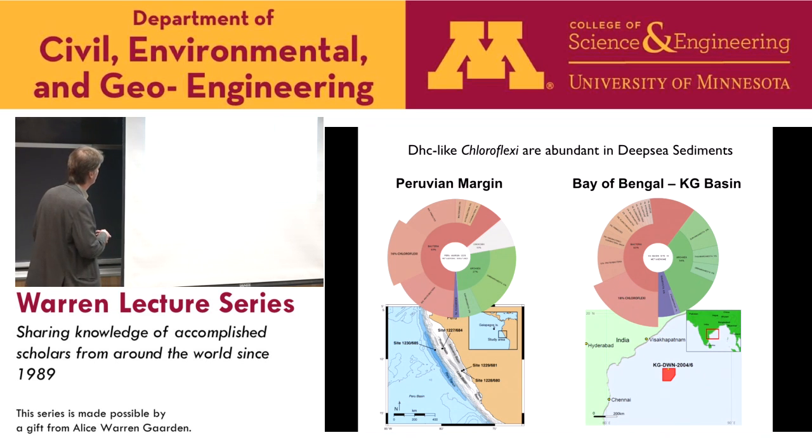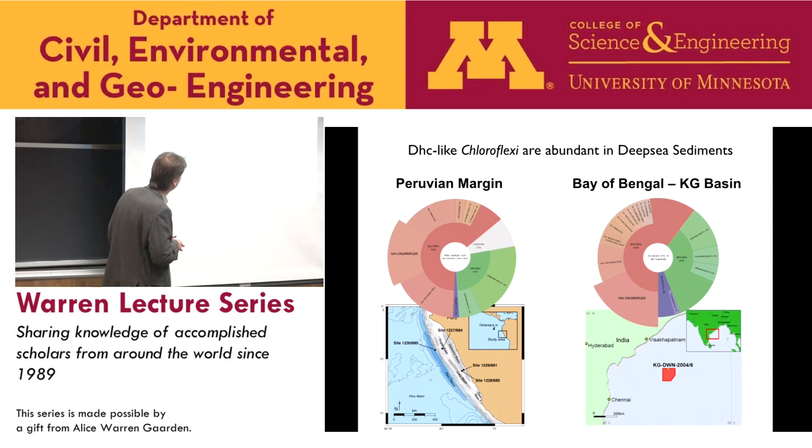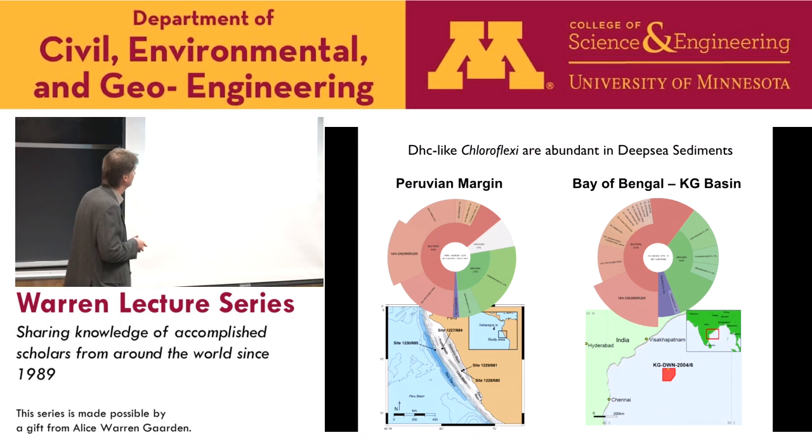And that's presumably a relatively pristine environment. In the Bay of Bengal, we had like 18% of these Chloroflexi also being present. That seemed like a good source to go to because there shouldn't be any anthropogenic contamination.